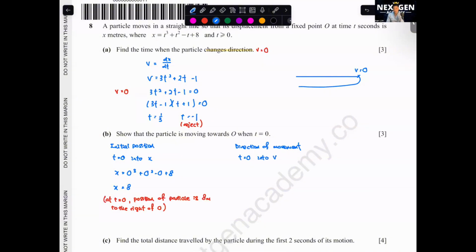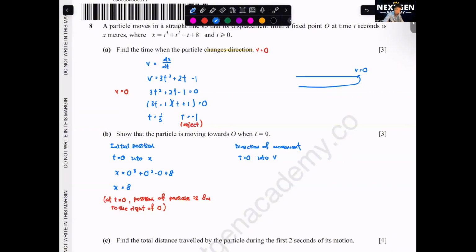Correct, very good, Jordan. Substitute into velocity, because velocity is about moving right, moving left, or stationary. V equals to 0 can be stationary or changing direction. Got it? Substitute into the V.